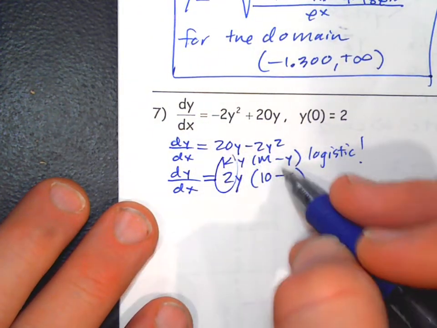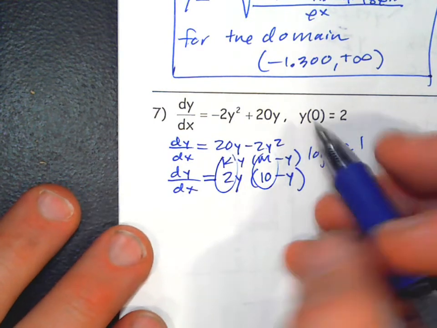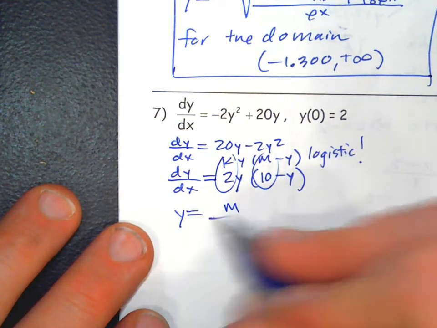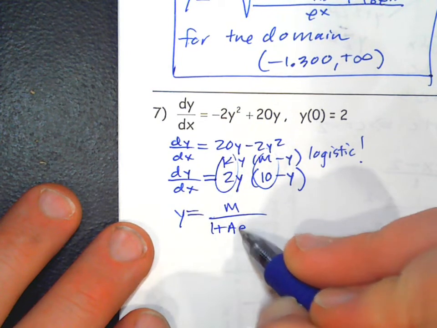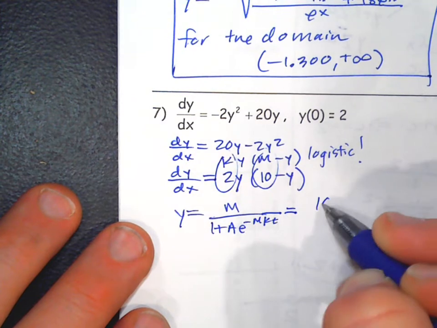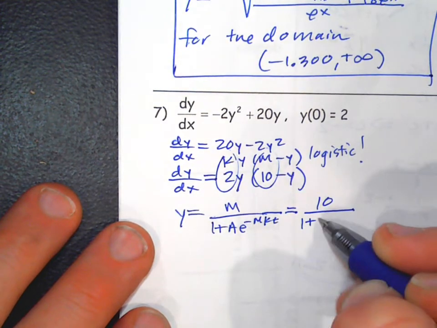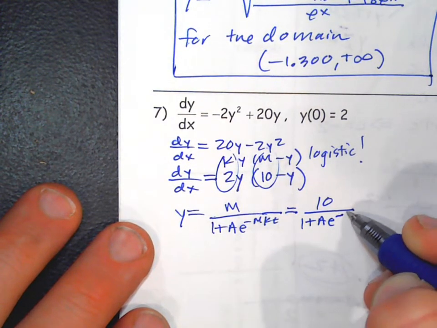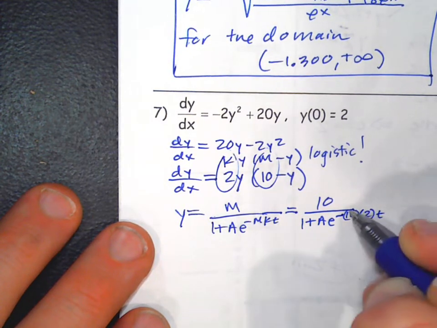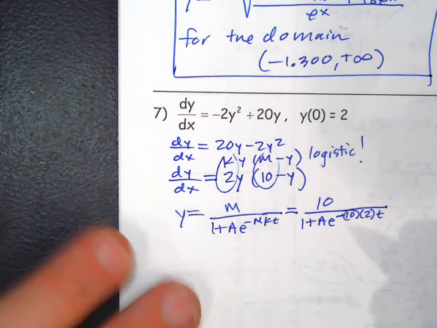So obviously k equals 2, m equals 10. The equation is y equals m over 1 plus a e to the negative m k t. So far we have 10 over 1 plus a e to the negative 10 times k times t. We just got to find the a value.